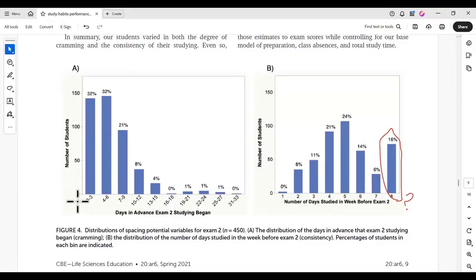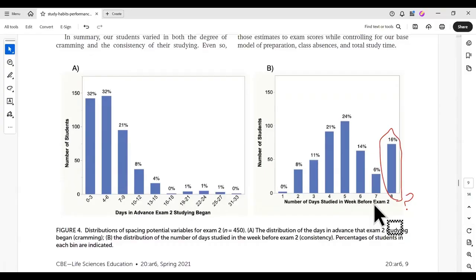Most students began from 0 to 6 days, and then we have a few students that studied almost a month. This is a really right skewed graph. We have a few individuals with much longer times.